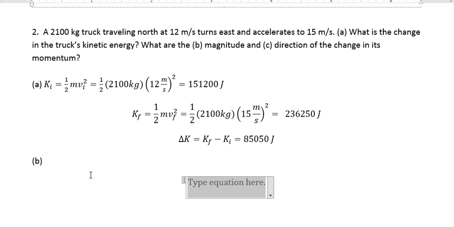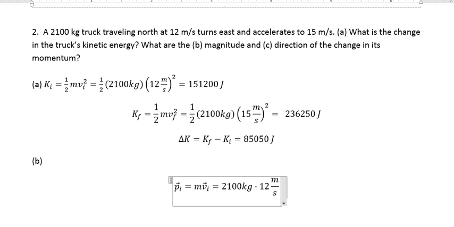All right, so the initial momentum is mass times initial velocity, m v_i. But because it's a vector, we have to include the fact that this is 12 meters per second in the j hat direction.